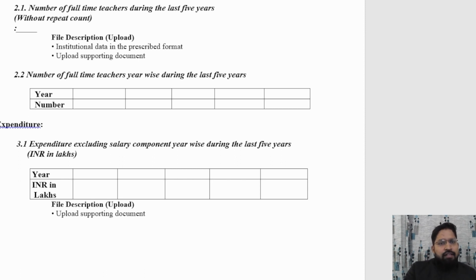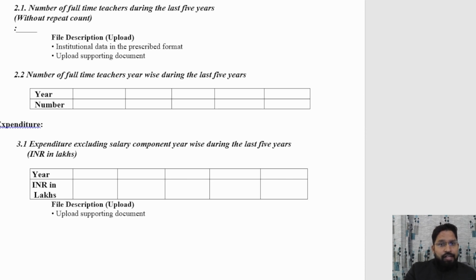Here they mention the total expenditure on infrastructure maintenance and new infrastructure. In 4.4 there are two metrics, 4.1.2 and 4.4.1, and the sum of the expenditure of both metrics is to be mentioned here.